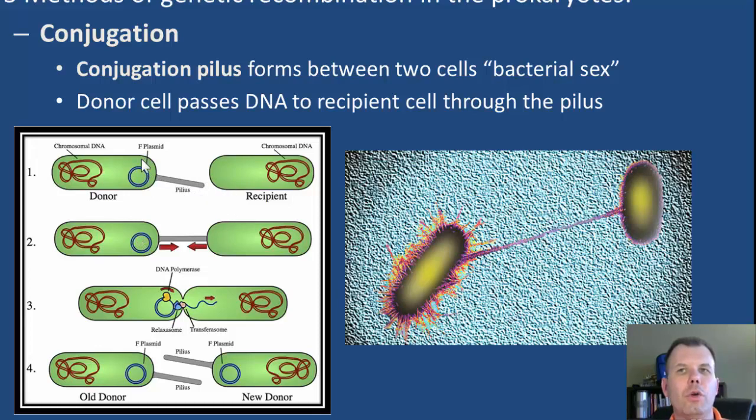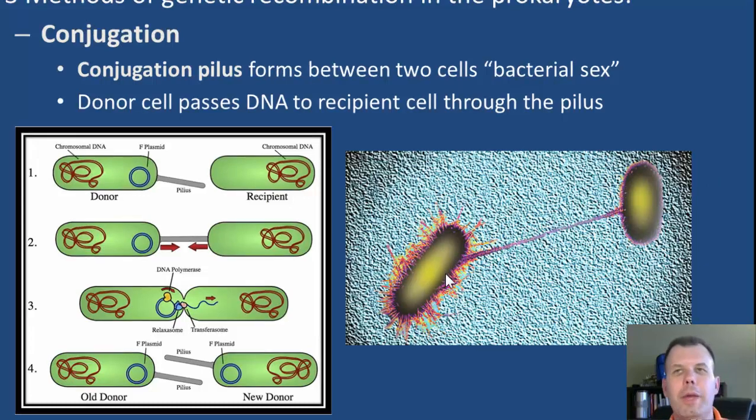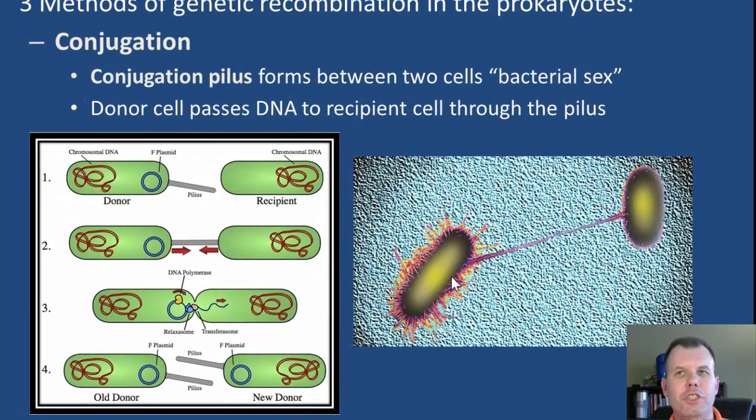You have a donor and a recipient, and the donor gives the DNA to the recipient, and then the new donor now has the DNA, which can be passed on. You can see here, this bacteria is giving its pilus to this other bacteria and is going to exchange some DNA. After that DNA is exchanged, this guy is going to look more like this guy. So it's a way to exchange DNA from one bacteria to another, and that's called conjugation.